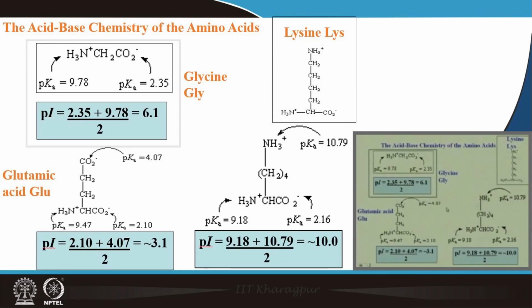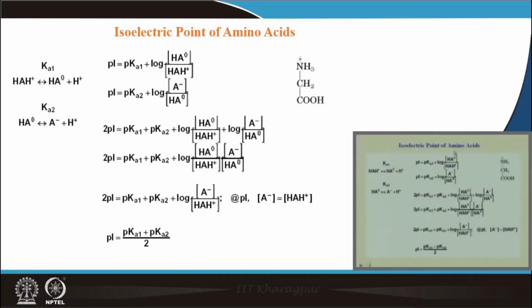Okay, so the thing that you have to remember in calculating the pI's is that you have to go from a charge of +1 to -1, obviously through the 0. And the 0 is what is known as the zwitterionic form of the amino acid. So basically, if you want to calculate the isoelectric point of the amino acids, if we just consider the simplest one, that is glycine, then I have an NH3+ here, I have a COOH here.